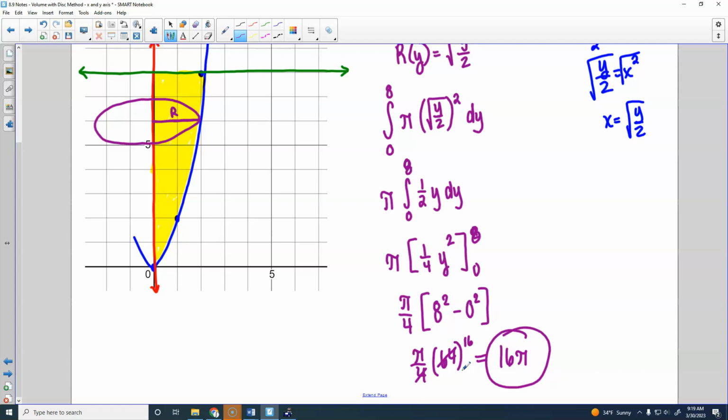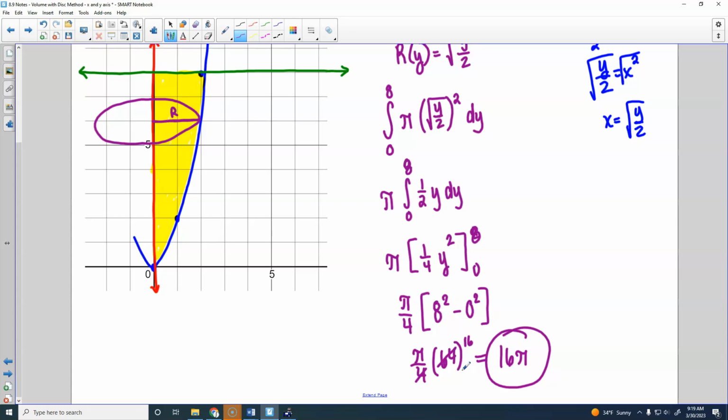Yes. Anytime you're rotating around the y-axis, or any vertical line, because instead of rotating around the y-axis, we could rotate around a line like y equals 2 or something, but that'll be a more complicated thing we'll look at later. So any vertical line that you're rotating around, everything has to be in terms of y.